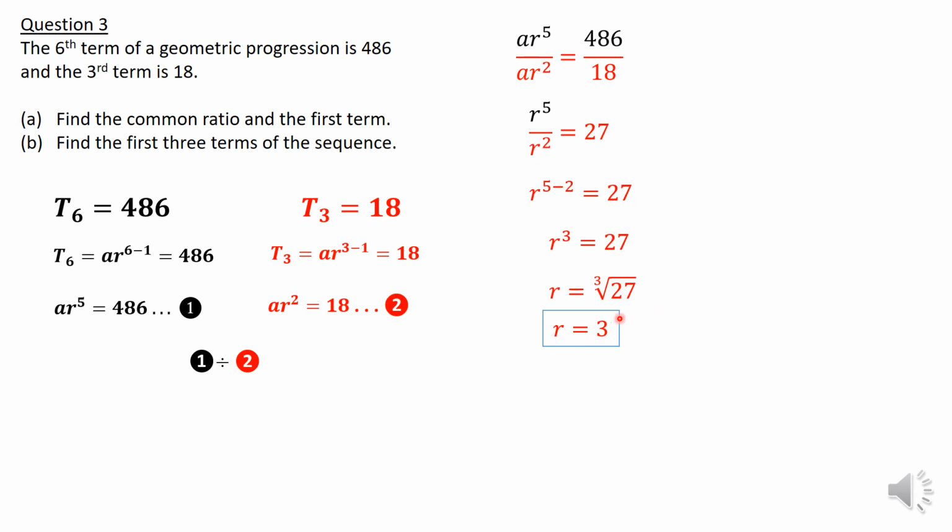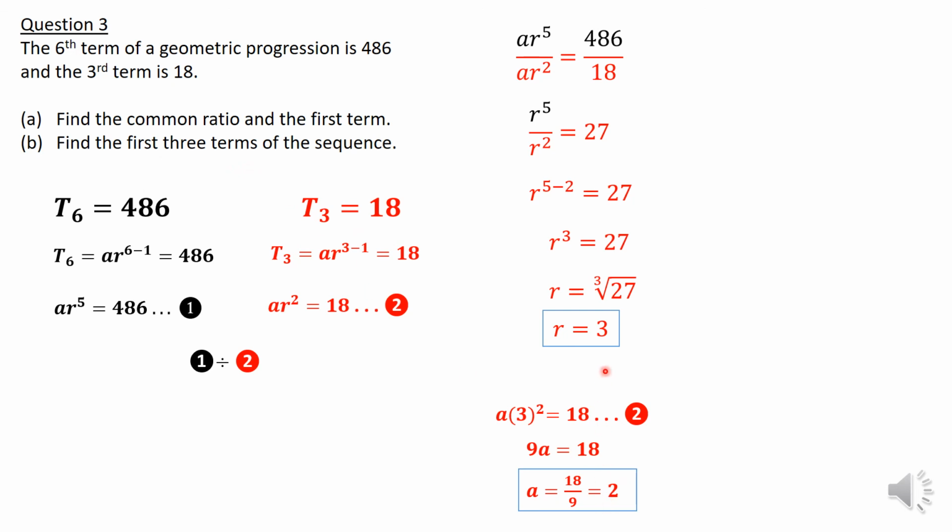Now that you have the value of r, you need to find the value of a. I substitute my value of r into the second equation. It doesn't matter which equation you use. That gives you 9a equals 18, and therefore the value of a equals 2. Now you have your r value as well as your a value, so you should be able to find the first three terms.